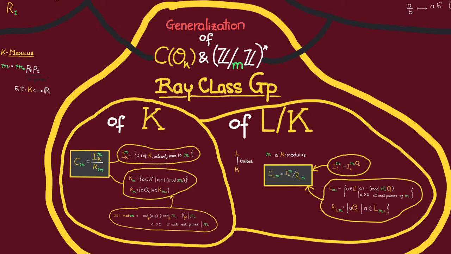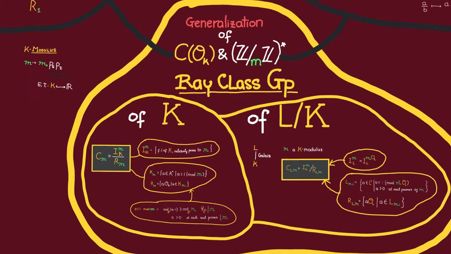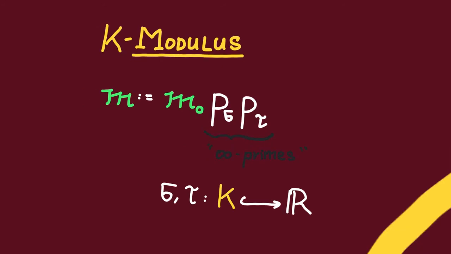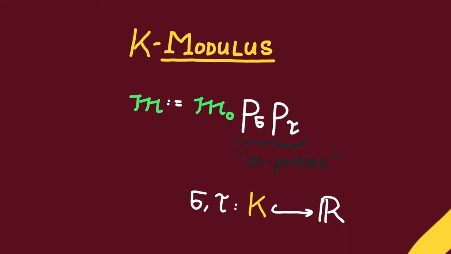The good news is that there is one object that generalizes both of these. Let us start first by defining the concept of a K-modulus. Loosely speaking, a K-modulus is just a formal product of finite primes and infinite primes of OK. So what are infinite primes?